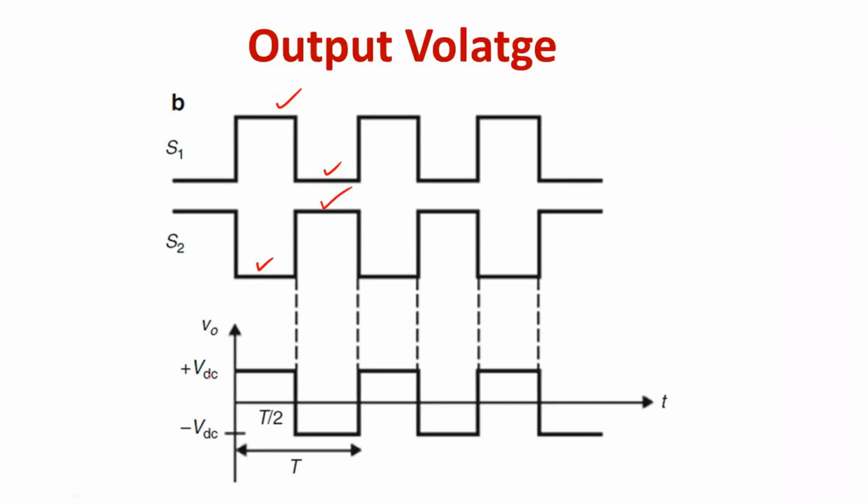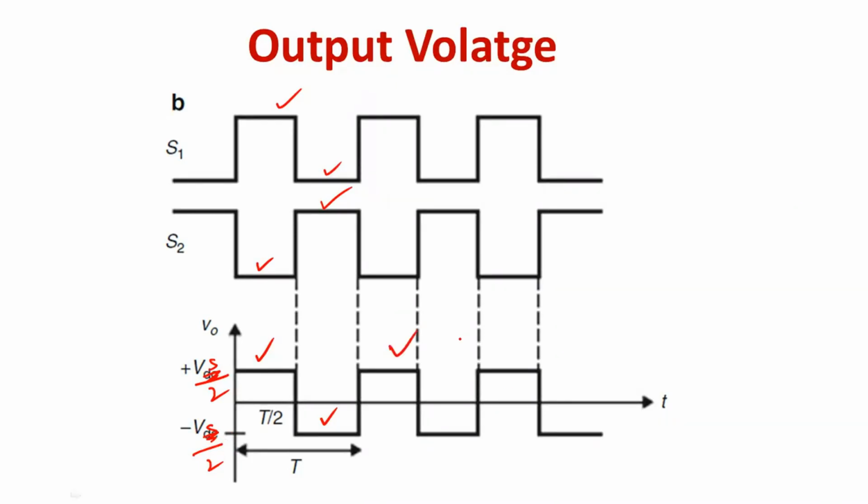So this voltage is equal to Vs by 2, then minus Vs by 2. During the time interval 0 to T by 2, the load voltage is positive, and during mode 2, the voltage available across the output terminals is negative.